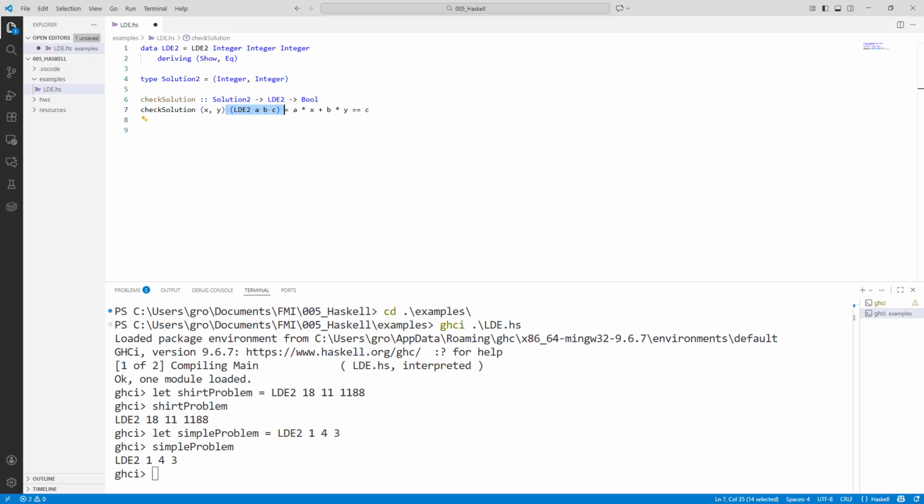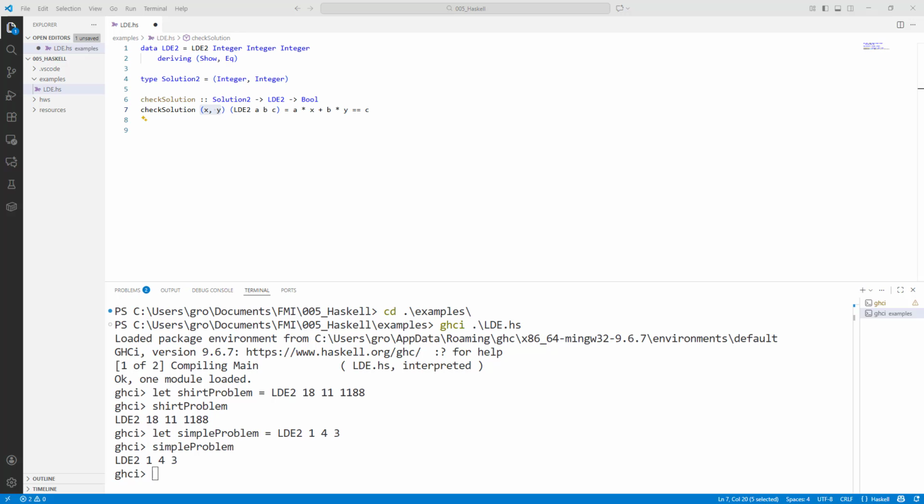Instead of taking some generic variable as solution or equation, we are, in this case, immediately unpacking the variables. So we are telling Haskell, hey Haskell, I know that the first argument will be a solution tuple, this one, just put the two numbers and call the first one x and the second one y.